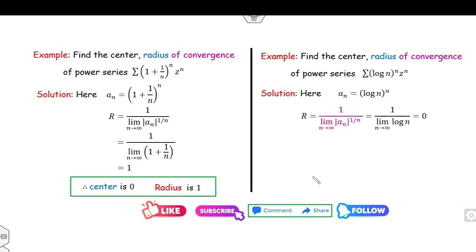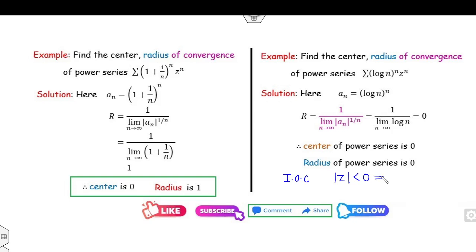So therefore you can define the convergence as |z minus 0| is less than r. That means the center will be 0, and the radius of convergence is also 0. And if you want to find the interval of convergence, it will be |z minus 0| is less than 0. But an absolute value can never be negative. So that means this power series is convergent only at z is equal to 0.